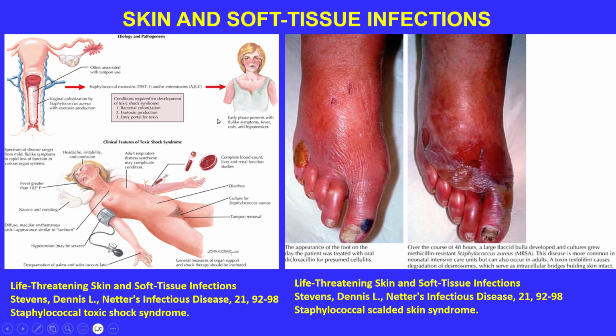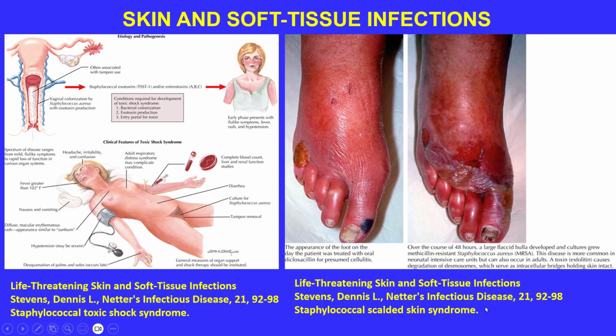You're going to have the early phases present here, flu-like symptom, fever, rash, hypotension. The conditions required for the development of TSS, toxic shock syndrome, are bacterial colonization, exotoxin production, and entry portal for the toxin.